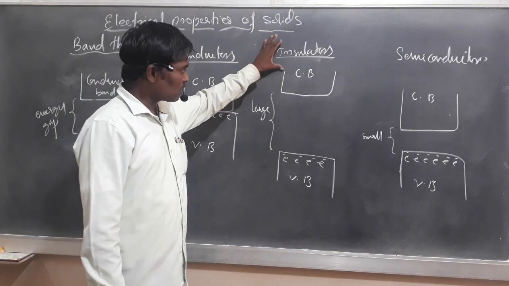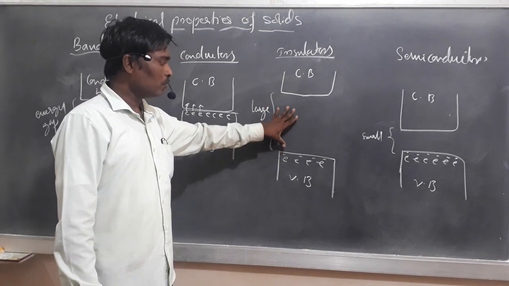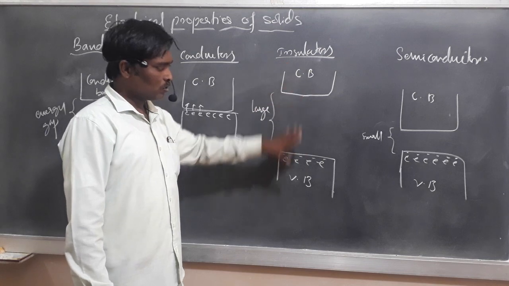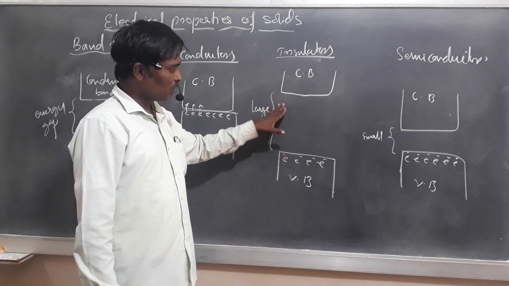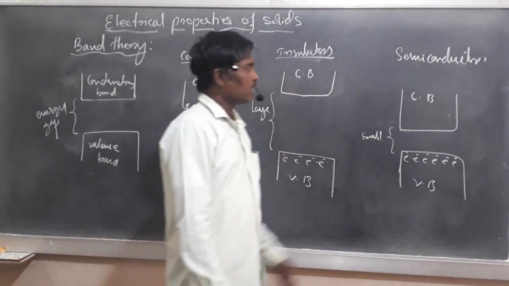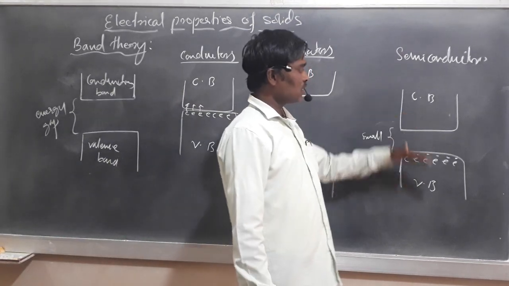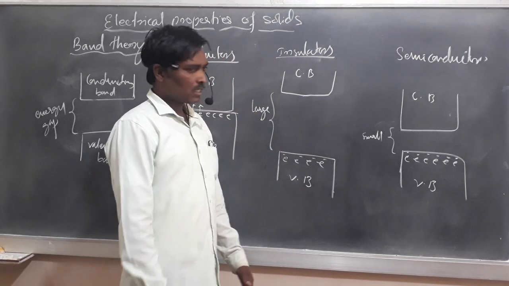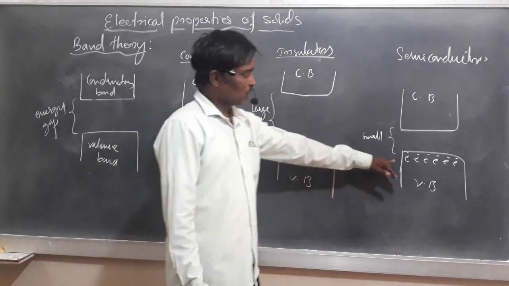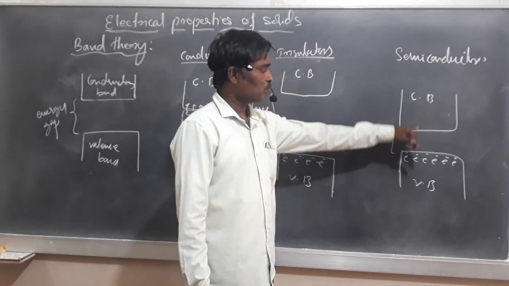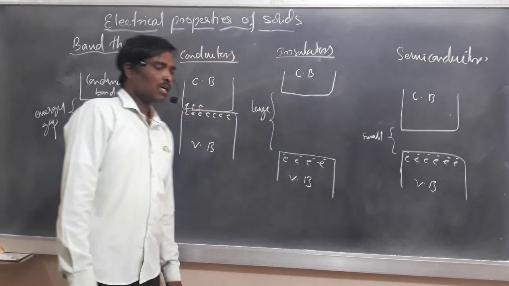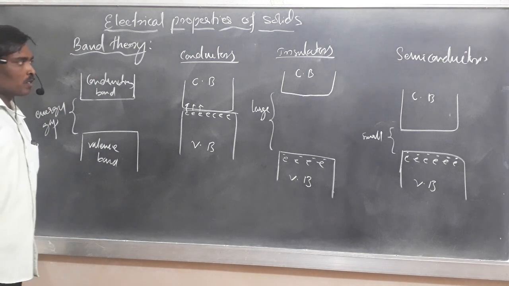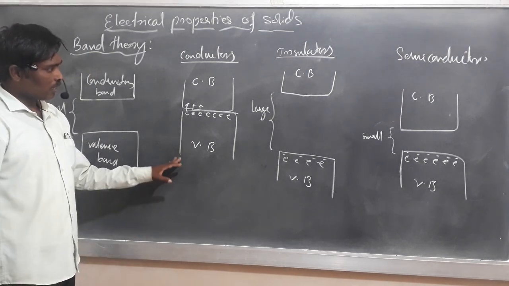In insulators, there is a large energy gap between the valence band and the conduction band, so insulators do not carry current. In semiconductors, there is a small energy gap. If you provide a certain amount of energy, the electrons gain that energy, jump from the valence band into the conduction band, and conduct electricity.